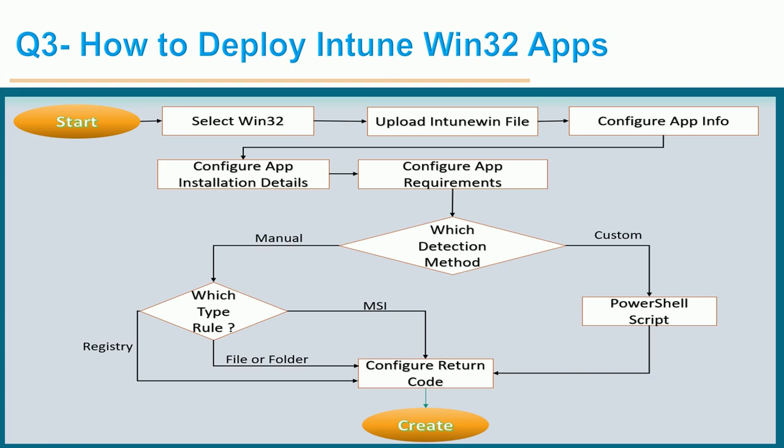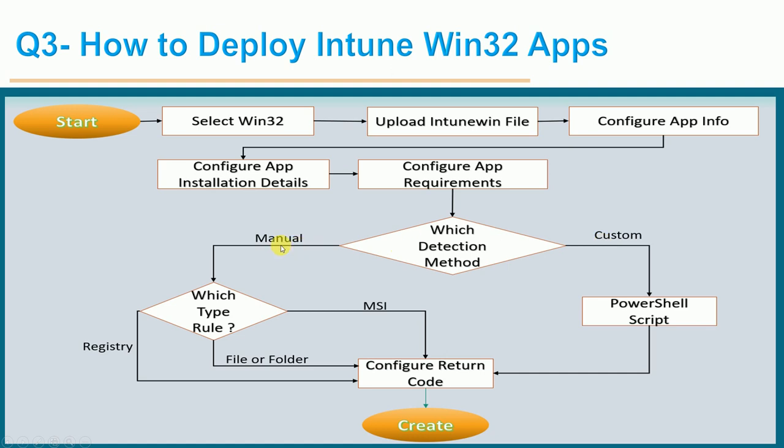Before installing this app, it will check certain conditions, the detection method, whether this application is already installed on that system or not, or whether you have any other detection method or any prerequisite to check before installing your application. That is divided into two parts, custom and manual.